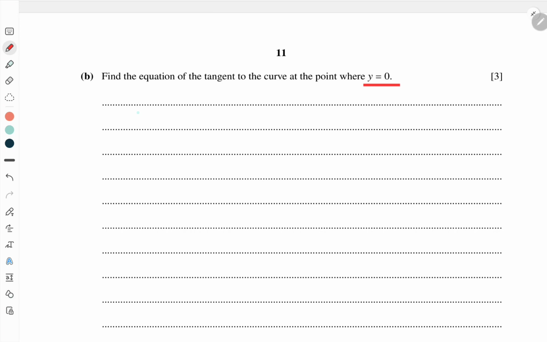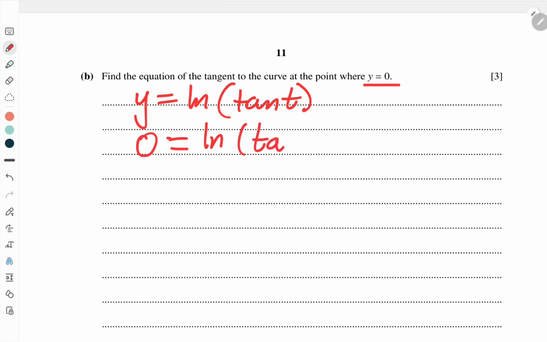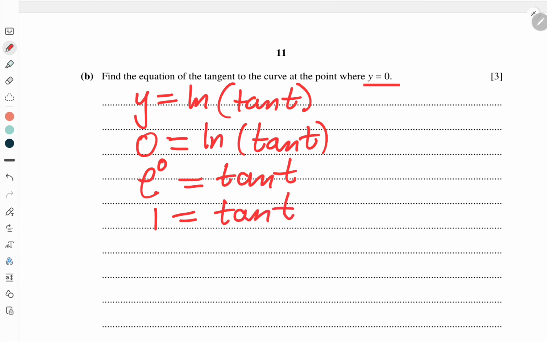We go back to the parametric equation, which says y is ln of tangent of t. But we know y is 0, so 0 is equal to ln of tan t. Let's get the parameter t. According to laws of logarithms, e to the power of 0 becomes equal to the tangent of t. E to the power of 0 is a 1. So 1 is equal to the tangent of t.